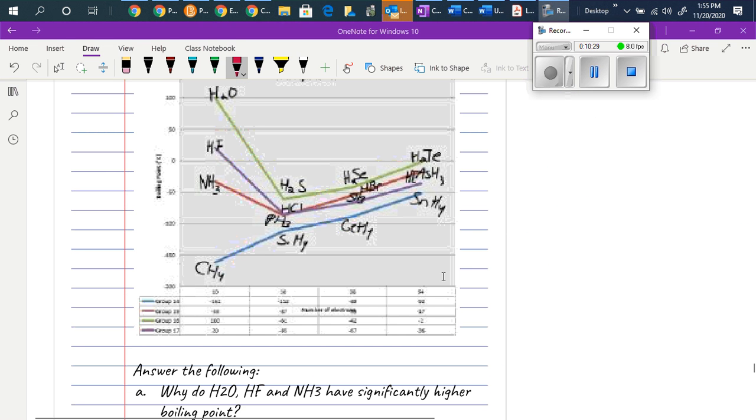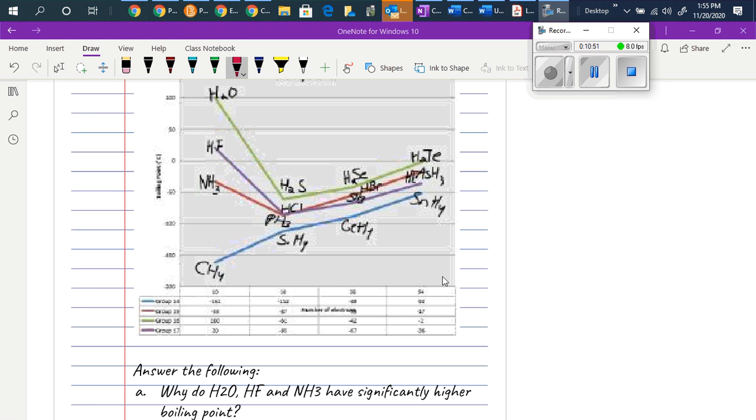So if you observe this graph here, this information is taken from the textbook, so you can refer to the textbook, and the graph will be something like this. It's the boiling point of hydrogen compounds of elements in group 14 to 17.